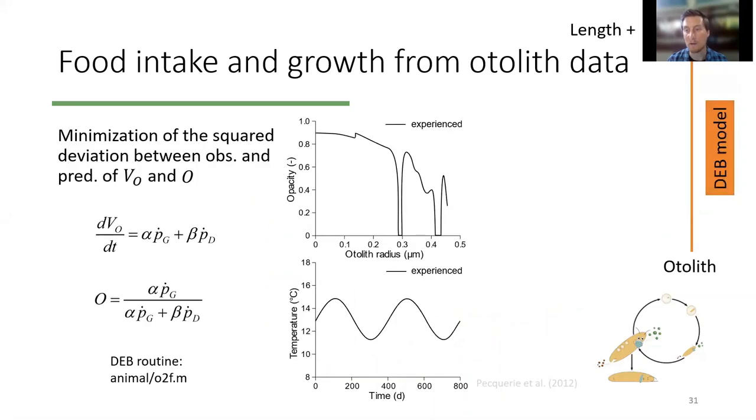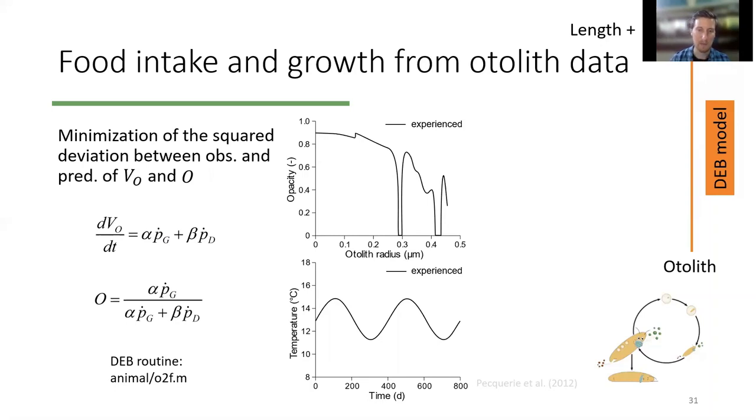And now, going backwards, we can use the otolith and their opacity to force the DEB model and go back to the environment. And the method used to do so is based on the minimization of the squared deviation between observed and predicted volume of otolith and its opacity.